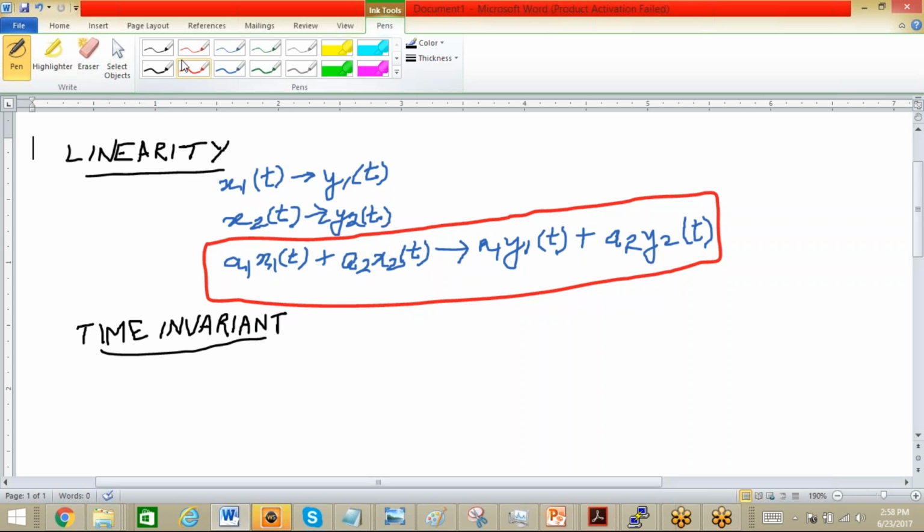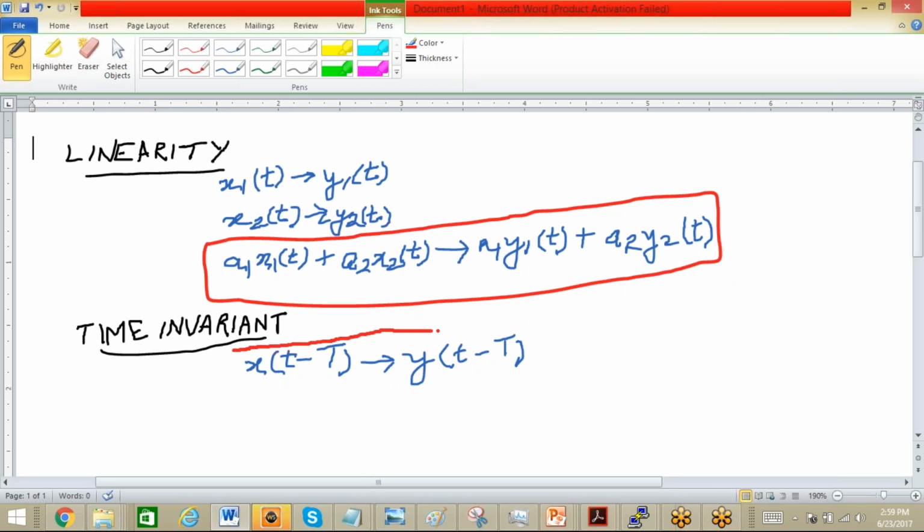For example, say we apply an input x, and I apply it after t seconds. This is my time, and this is the time period of delay. The output will be the same, but delayed by t seconds. So this is the case for time invariance. Got it?